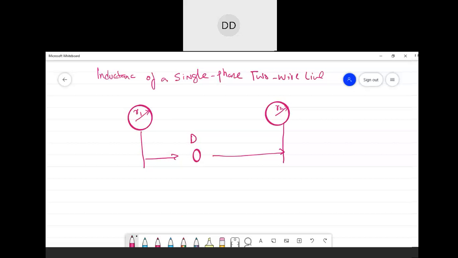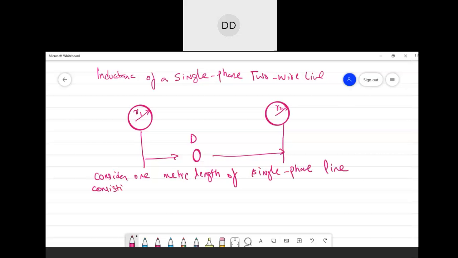So let's consider 1 meter length of single phase line consisting of two solid conductors. So these are our two solid conductors.